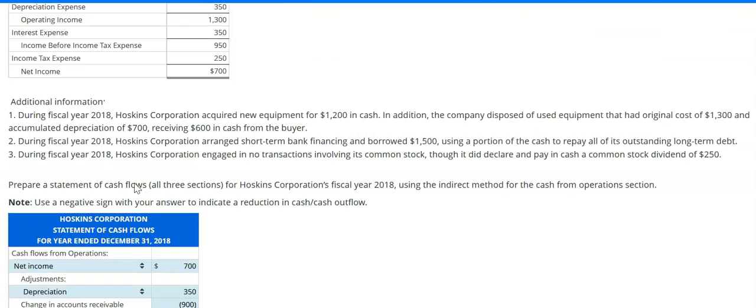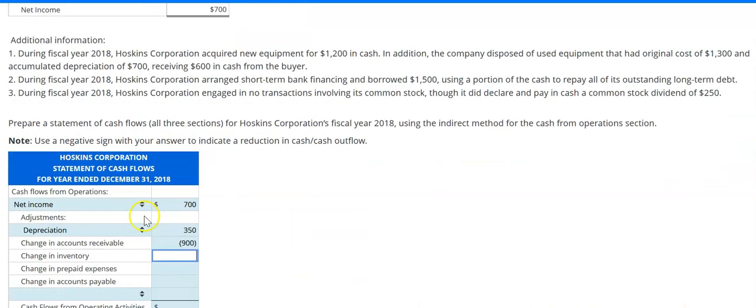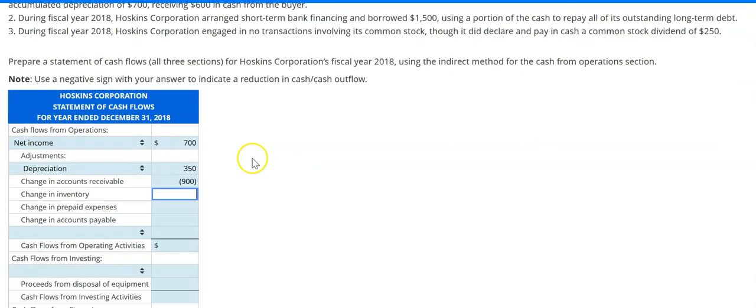In other words, of all of this sales revenue right here, there's a net 900 that has not been collected in cash, because remember, we are using the accrual basis of accounting. So we recognize revenue when it is earned, not when it is collected in cash. So we have to make that adjustment because there's $900 out there that we did not get in cash. All right. Next item they give it to us is change in inventory.